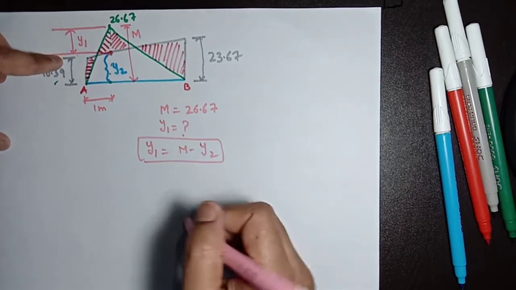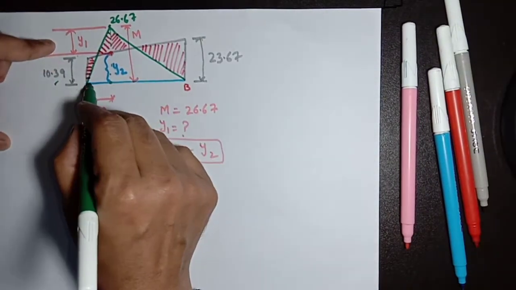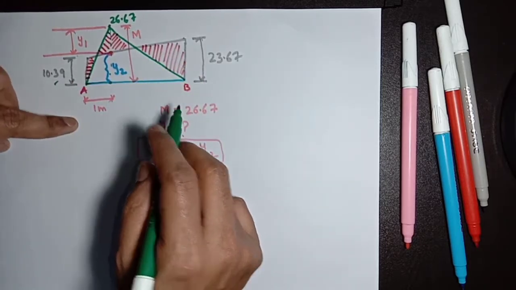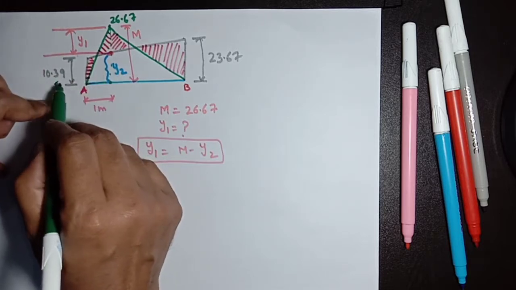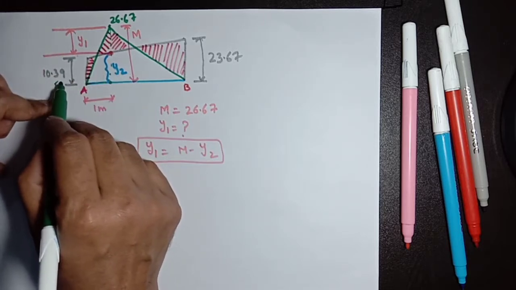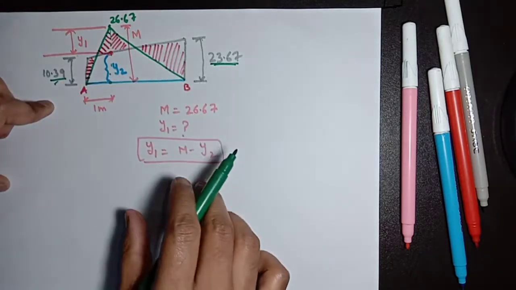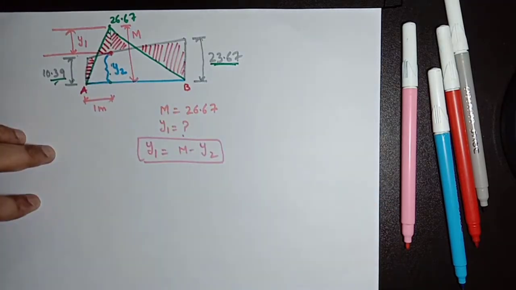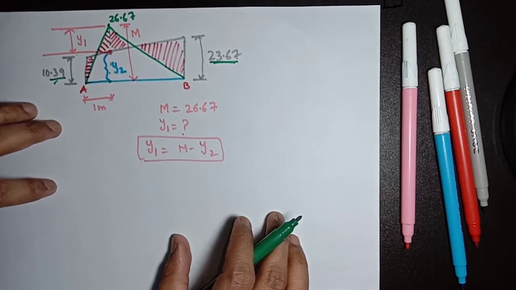Now we can see this is the trapezoidal shape, and with this trapezoidal shape we can find the value, because the support moment is ranging from 10.39 to 23.67. Now separating out this support moment, we can find out y2 easily through the similar triangle method.